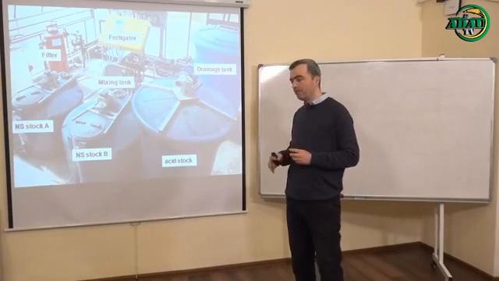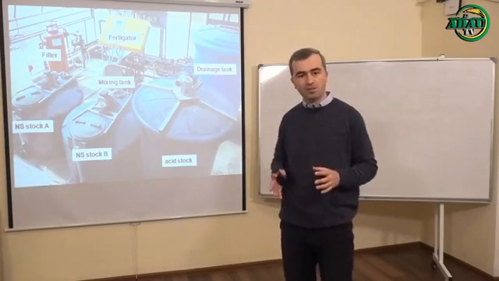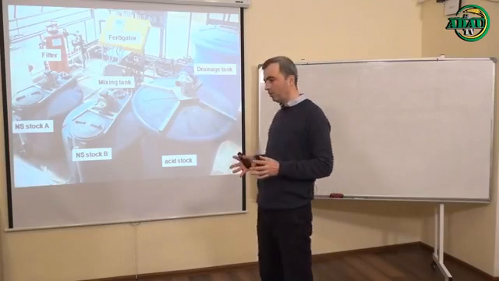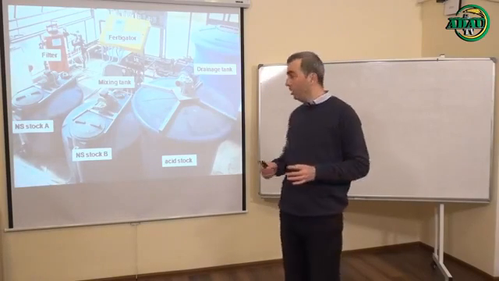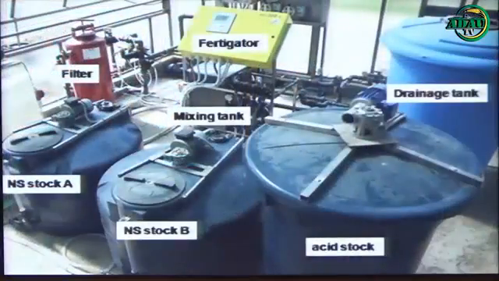In our case, for example, tomato requires a pH of 5.5, 6, 6.2, and in case you have too alkaline water coming in or too alkaline final nutrient solution, then you can soften it by adding some acids into the system.